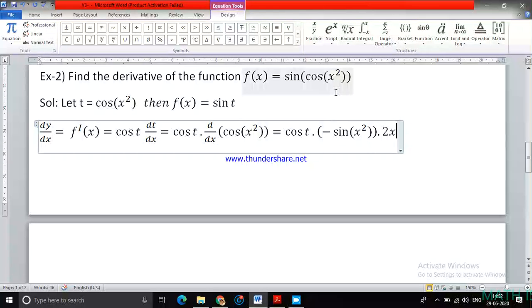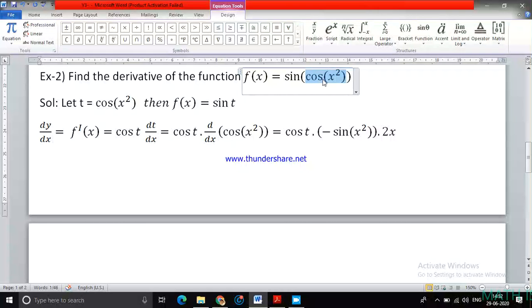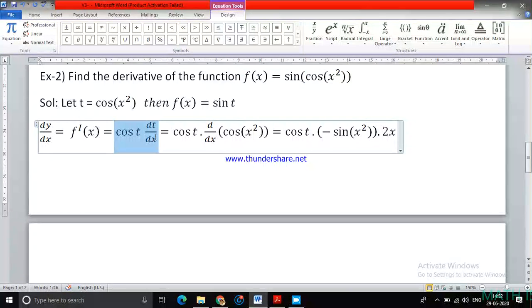Is that clear? First what I have done, I have taken sine of this entire thing as t. So the sin t derivative is cos t into dt by dx. Then t I replace here as cos x square. Now the derivative of cos x square is minus sin x square into the derivative of x square, which is 2x.